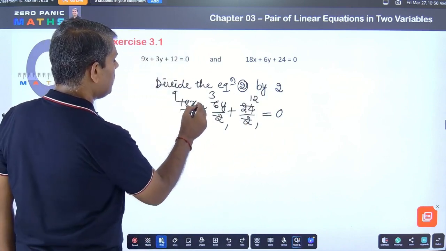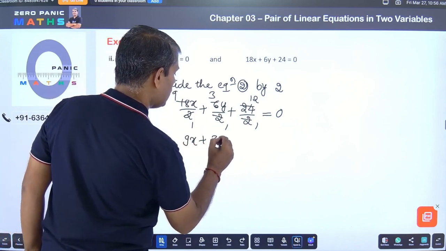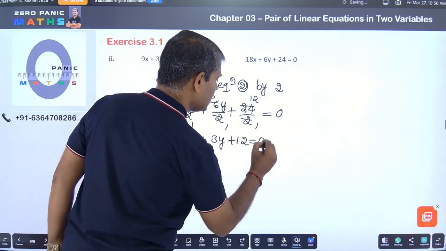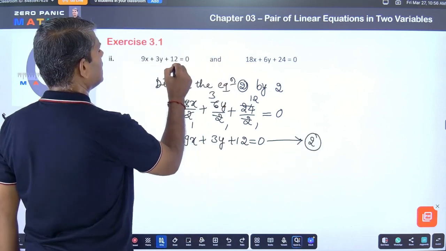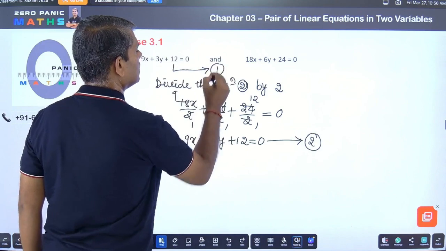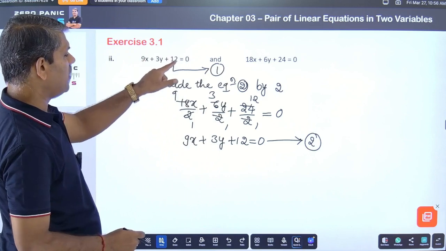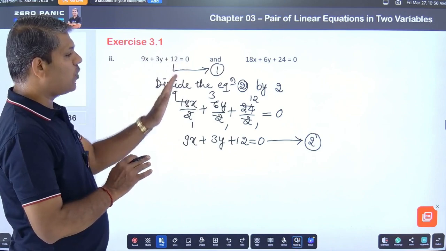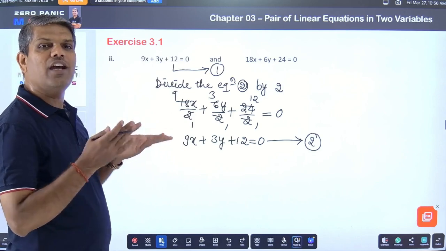So what remains with us is 9x plus 3y plus 12. This is actually equation 2 and this is equation 1. What is it that you got? 9x plus 3y plus 12. So therefore equations 1 and 2 are similar to each other, so the lines are coincident.